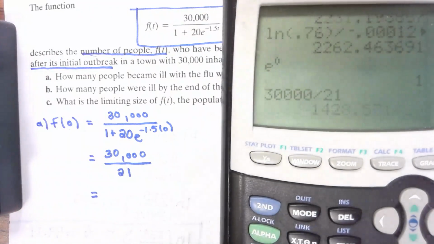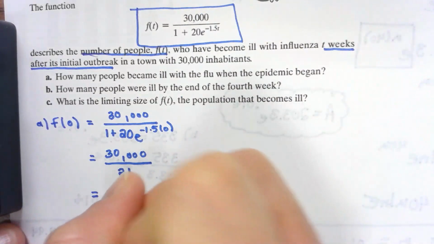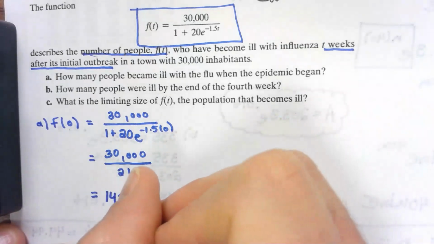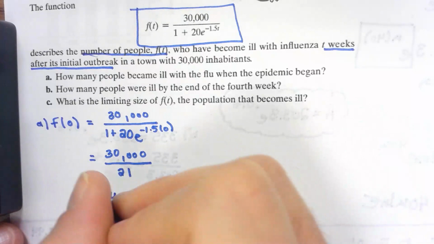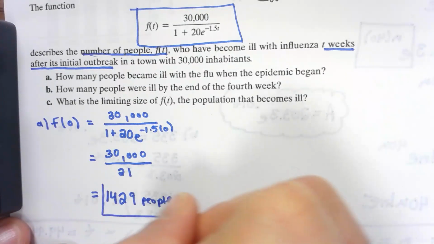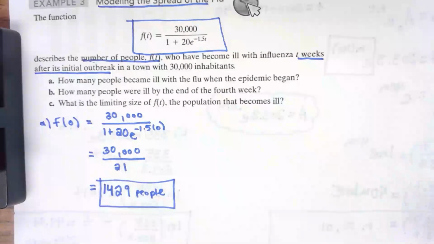So I guess we did end up needing a calculator. So quite a bit. It's 1,429 people if we round up. So when the epidemic began, at 0 weeks, there were 1,429-ish people infected with the flu.